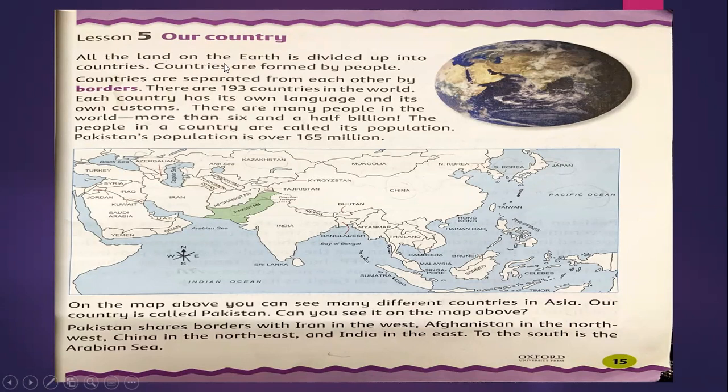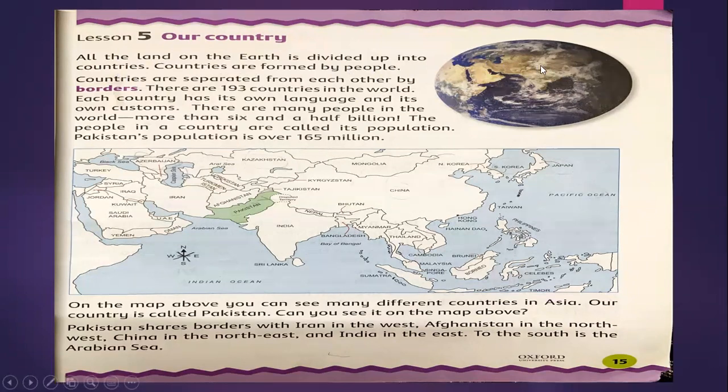All the land on the earth is divided up into countries. As you can see in this picture, the land area of the world is divided into larger parts which are called continents. And how many continents do we have in the world? 7 continents.